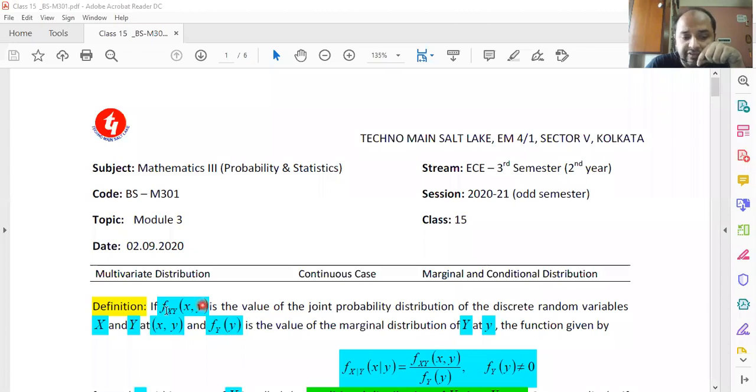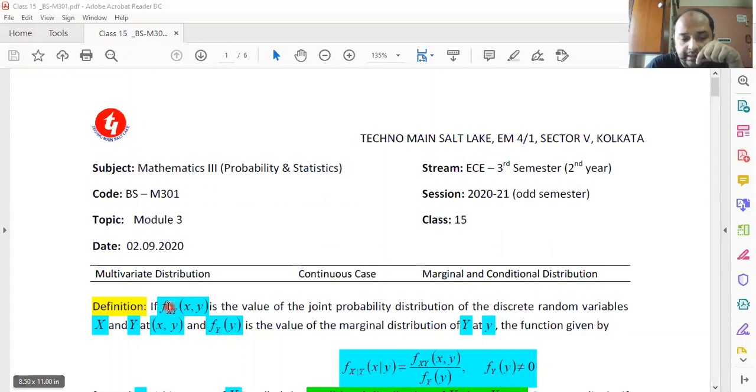The mother variables are written in the suffix, and the siblings have been written as the values, the variables inside the function. And here also, since it is a function of a single variable only, I have written y here, small y is a value, and it is the value of the corresponding mother variable capital Y. So I have written f of capital Y of small y. That is how we have used the notation over here.